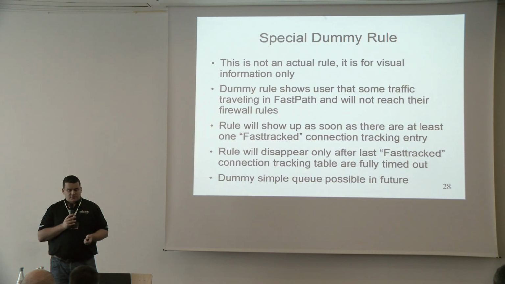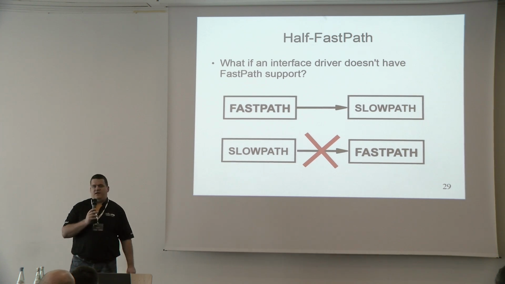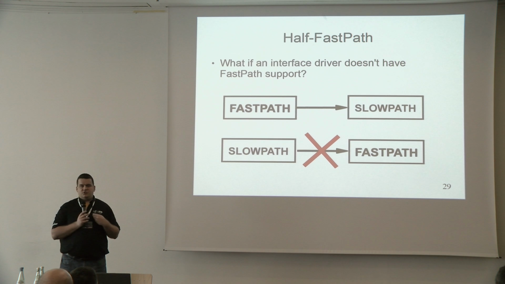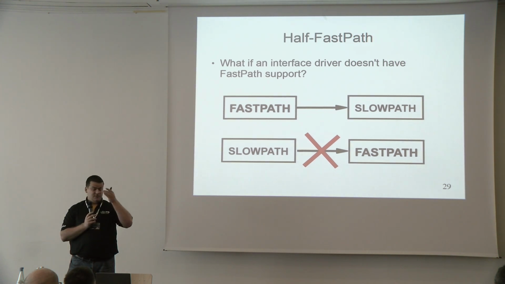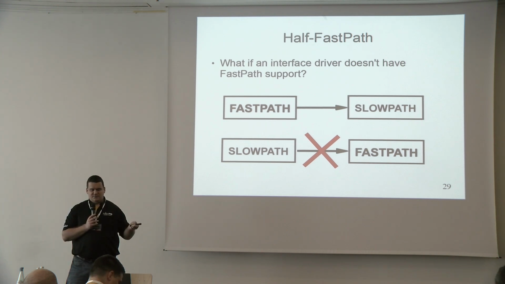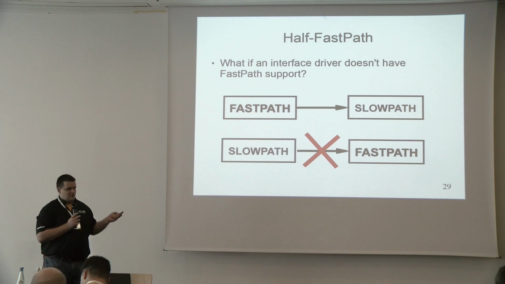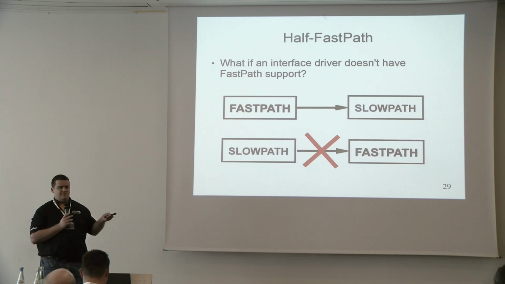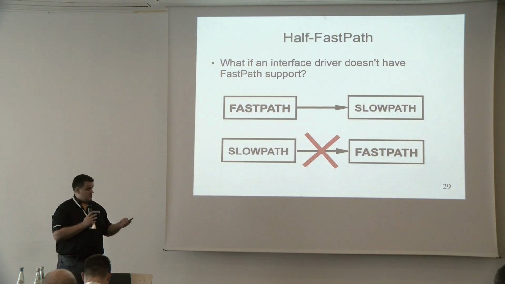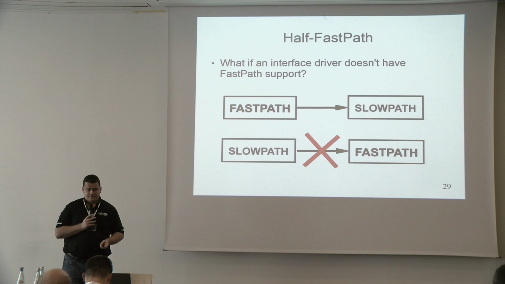So next important thing to understand is a half FastPath. We do not check if the FastPath is possible all the way, because checking itself is slow. We just assume that FastPath is available until it's not. So when a packet arrives to the interface that has FastPath support, it arrives the FastPath way, and if it finds some configuration where it needs to slow down, it will just go the slow pathway.